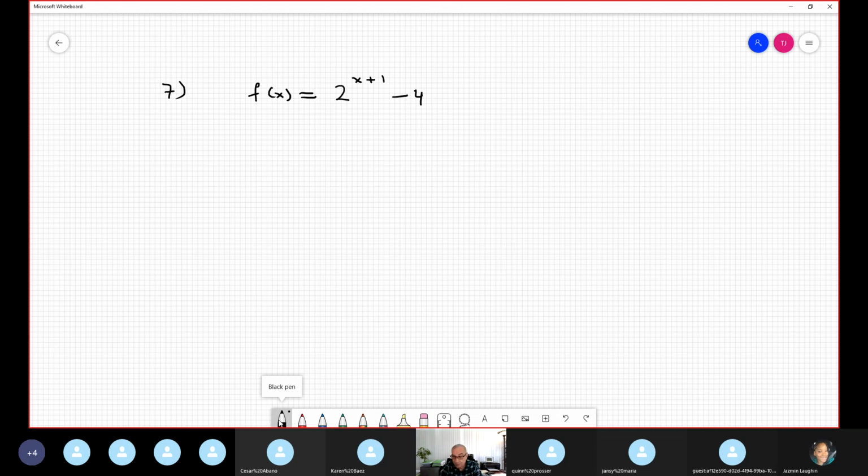We have a horizontal shift 1 unit to the left. And we have a vertical shift 4 units down.